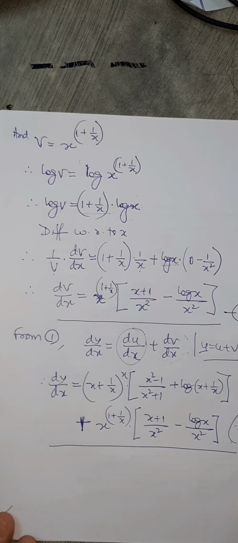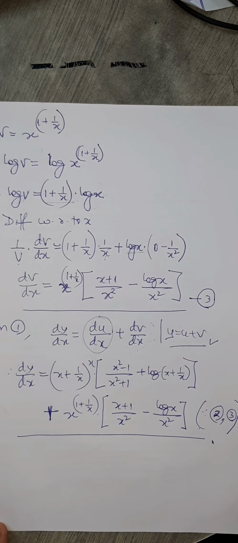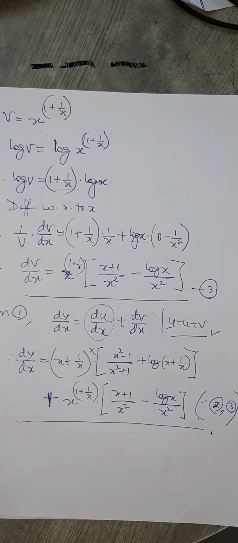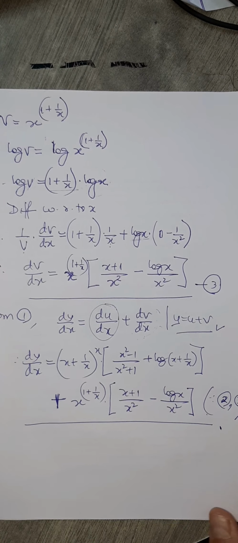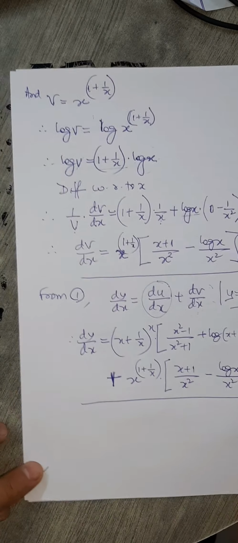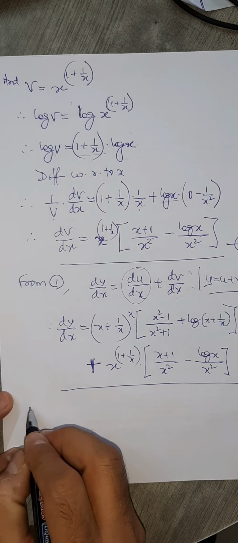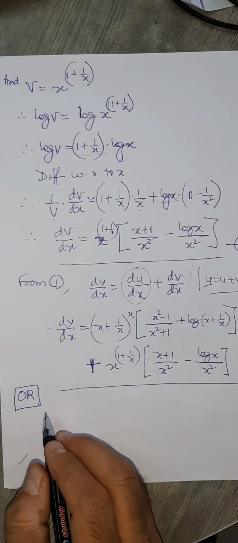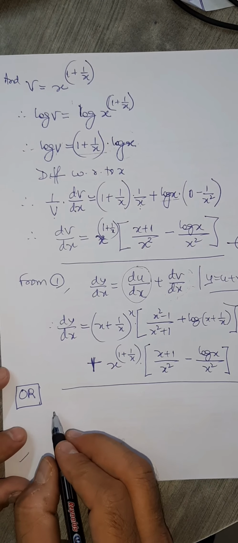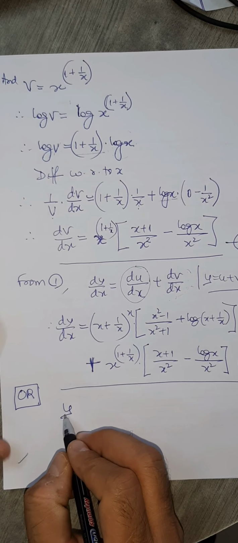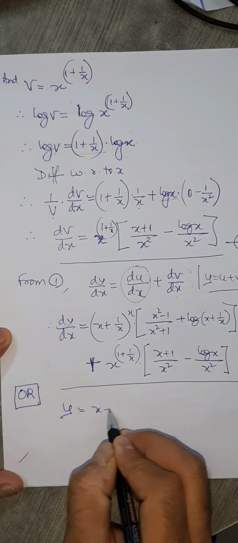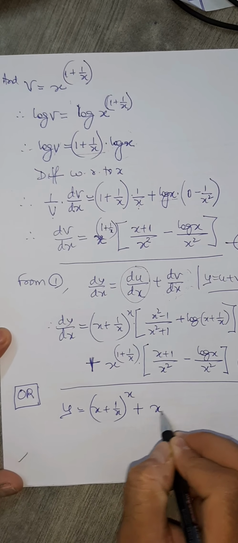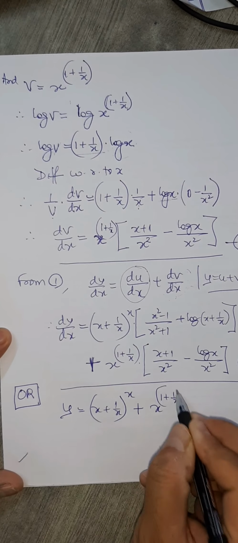Alternatively, I'm showing how to do it alternatively, just one step I'll show you. Or you can do the same question this way. So here the question is y equals x plus 1 upon x the whole raised to x plus x raised to 1 plus 1 upon x.